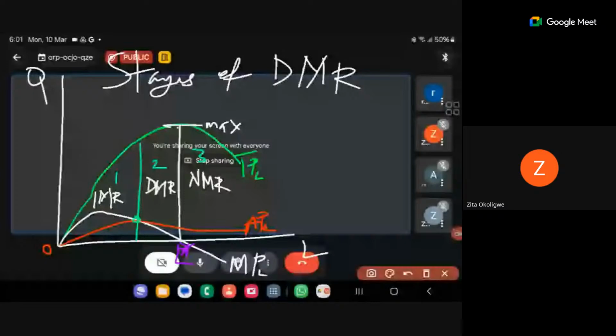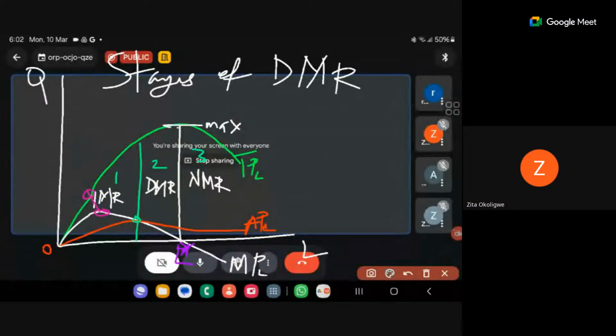So I'm trying to draw the region where MP was rising. Where did it stop rising? You look at this line here, it is the marginal product of labor. It rose up to this point. This is the maximum point for marginal product. At this maximum point, when MP was maximum, what happened? That is the point where TP changes direction.